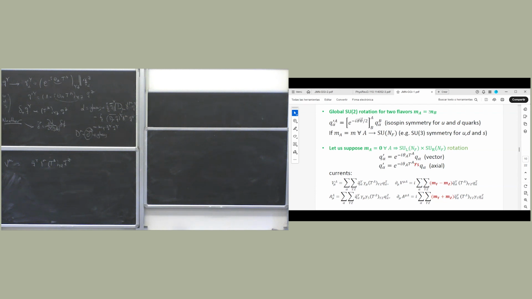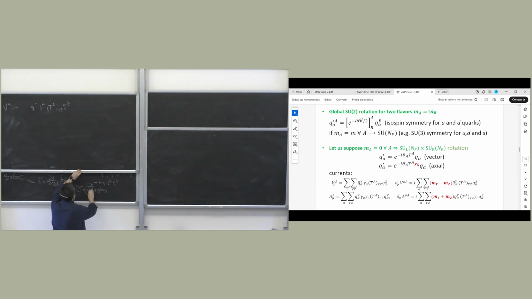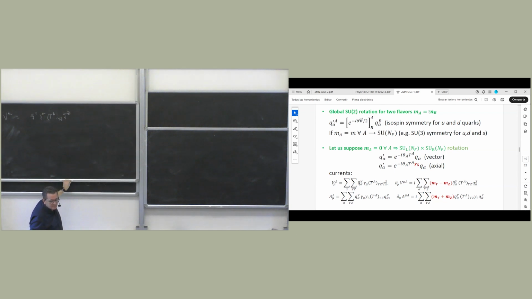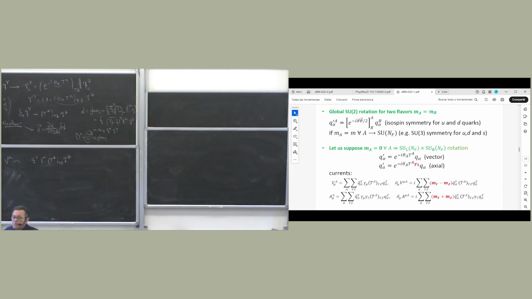And there is here an i, that's the covariant derivative, it's correct. Then I will have another contribution when I take the derivative with respect to d mu q bar, and it's identical. So then we have obtained the vector current.